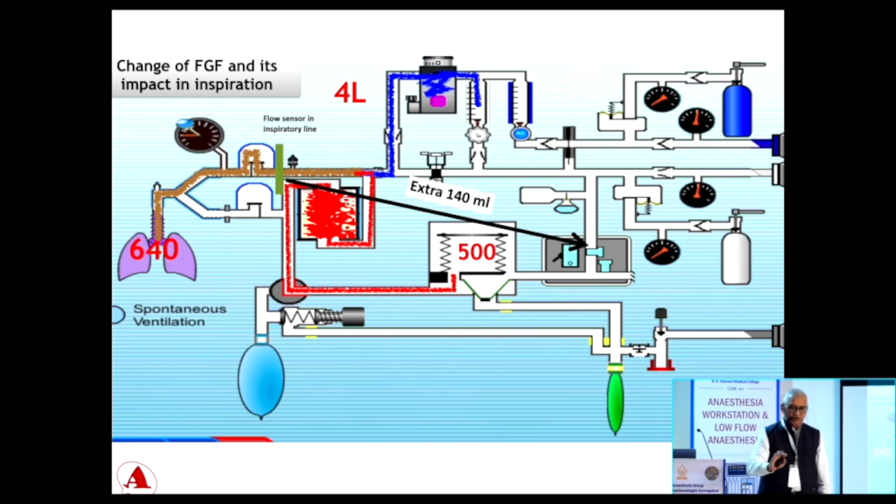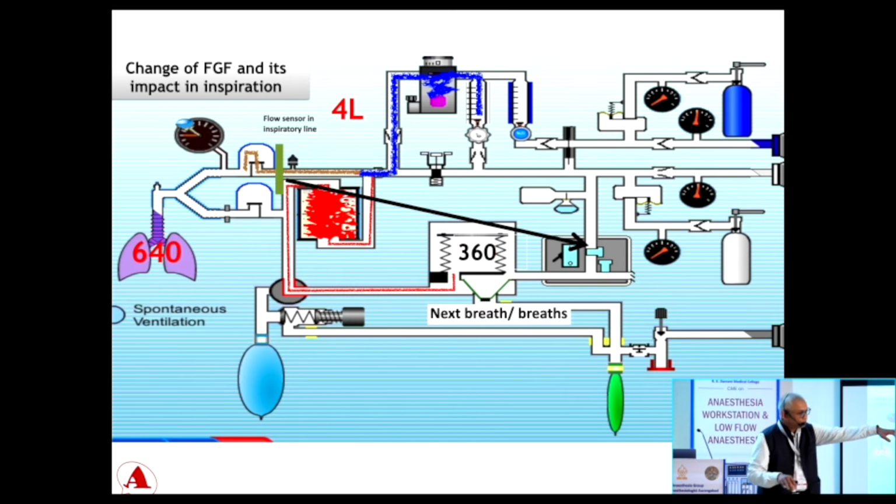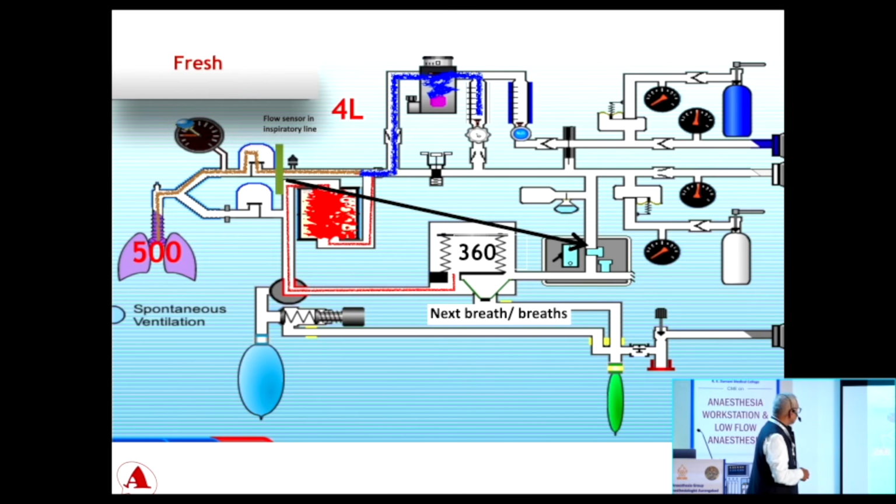So next time the ventilator will squeeze less. The bellows will squeeze less if you increase the flow. Now it will squeeze for 360, so the resultant tidal volume is the final 500 ml. This is called fresh gas compensation.